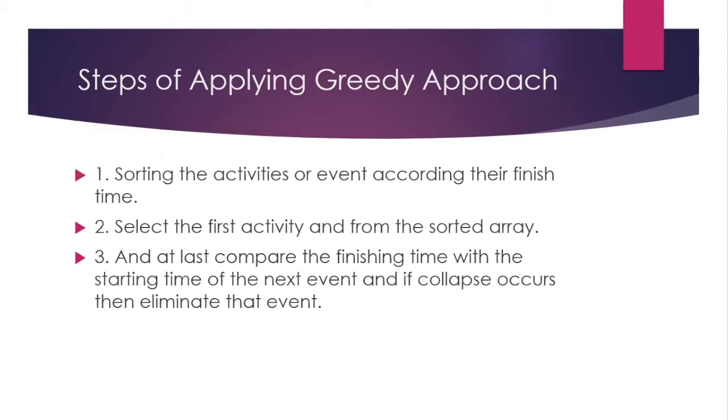At the last step, we have to compare the finishing time with the starting time. And if the starting time is greater than or equal to the finishing time, then we will select that activity. And if any other activity doesn't follow this condition, it will be eliminated.